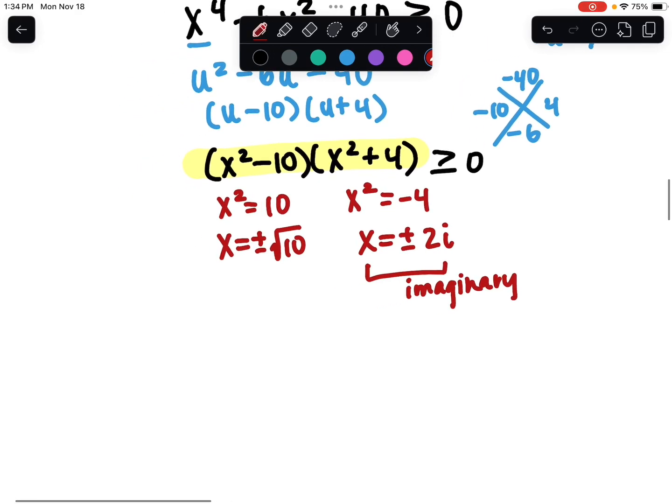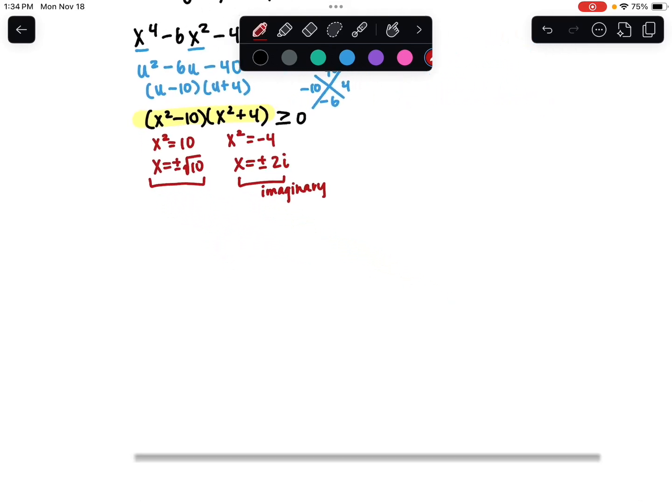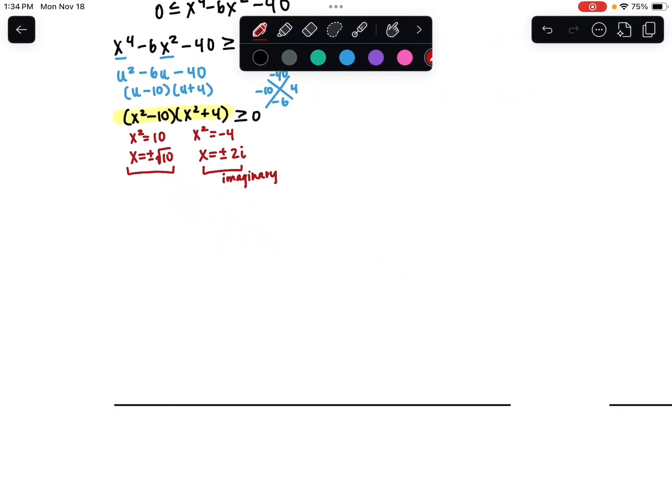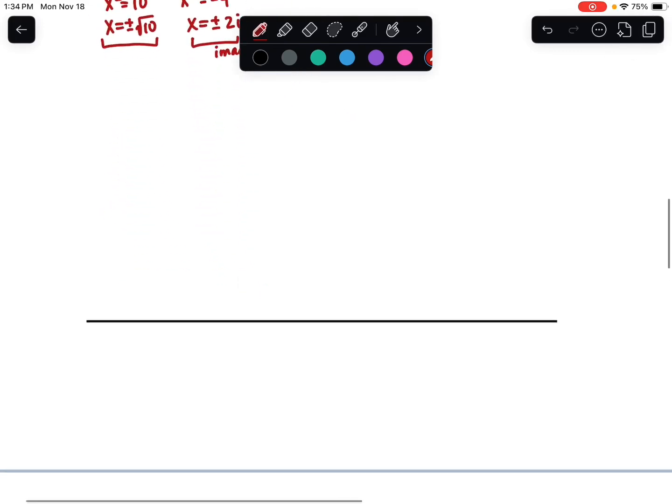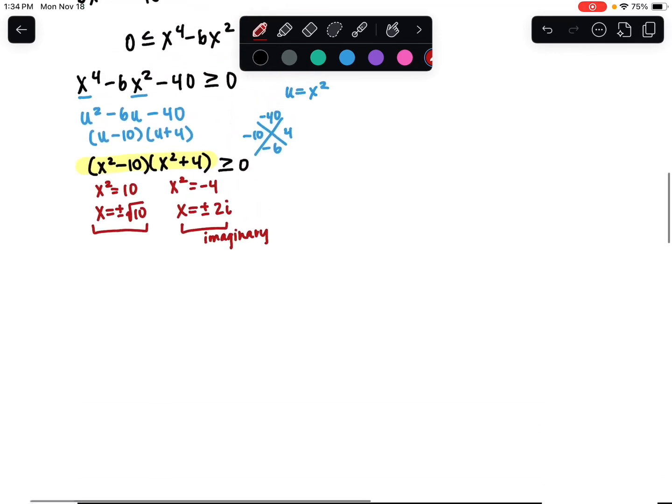The square root of 10 is real, it's just irrational, but those will show up on your x-axis. So those are the only two x-intercepts we're going to be able to graph, even though this is a degree 4 polynomial. And so when we graph them, we're going to use closed circles because we have the equality option.